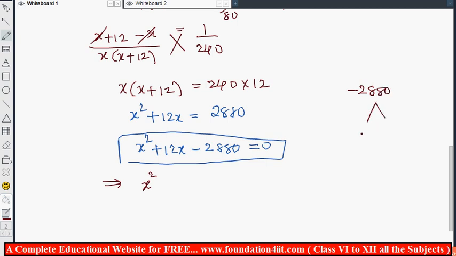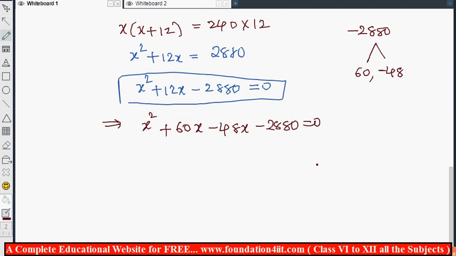In the previous chapter we learned this: 60 into 48 is 2880. But we need plus 12, so we should keep minus 48. Then x square plus 60x minus 48x minus 2880 is equal to 0.